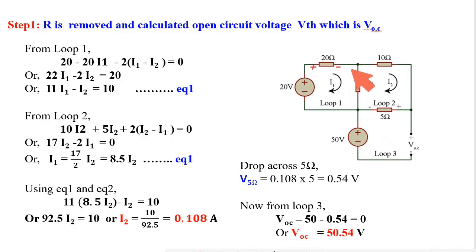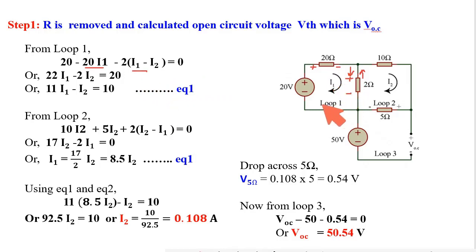In the 2 ohm resistance, I1 is in this direction and I2 is in this direction, so I1 minus I2 is flowing downward. So the polarity is this positive, this negative. So I1 into 20, and 2 into I1 minus I2.